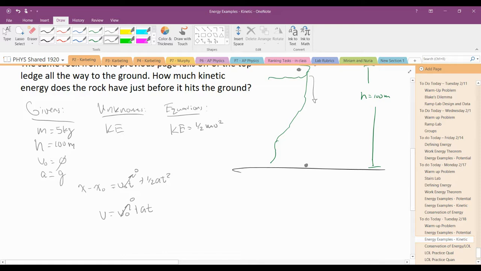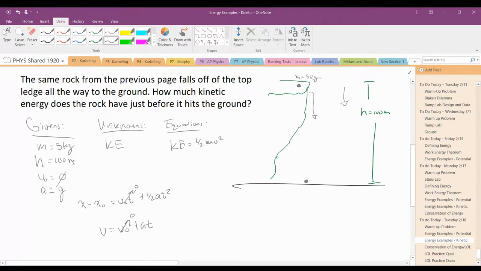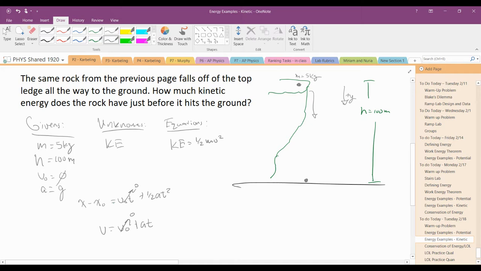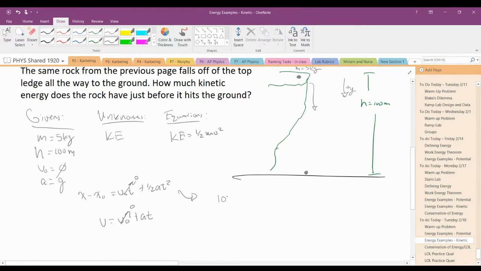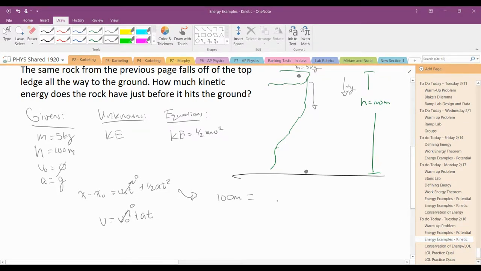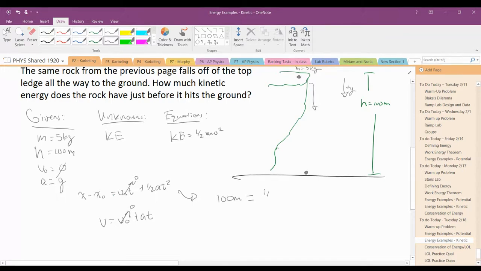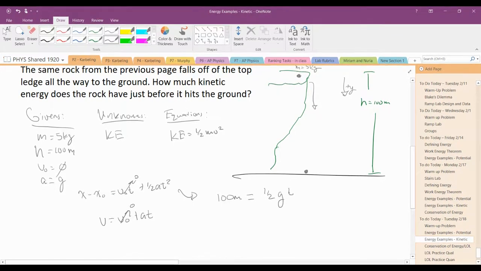So if we define this as positive y, an acceleration down is positive, and our displacement down is positive. So let's run with this one. Now x minus x naught is 100 meters, which is 1/2 times g t squared.